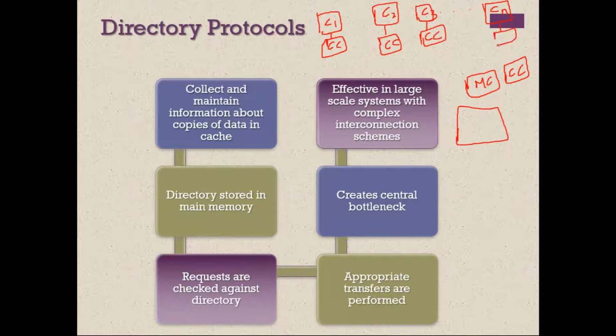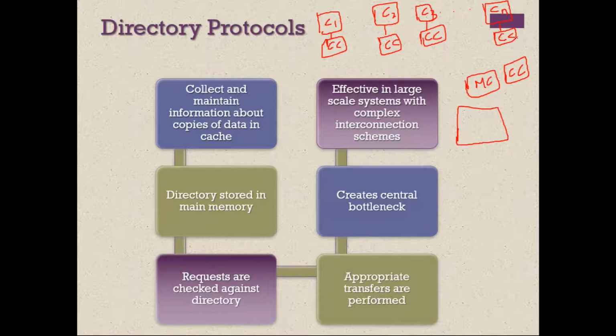Say, for example, there is a centralized controller, and that centralized controller is a part of the main memory controller. The directory is something which is stored in the main memory.